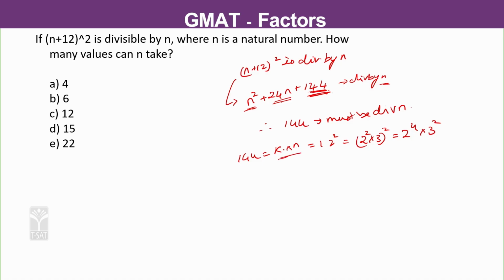So, for checking how many values n can take, n is a factor of 2 to the power of 4 into 3 square, that is 144.